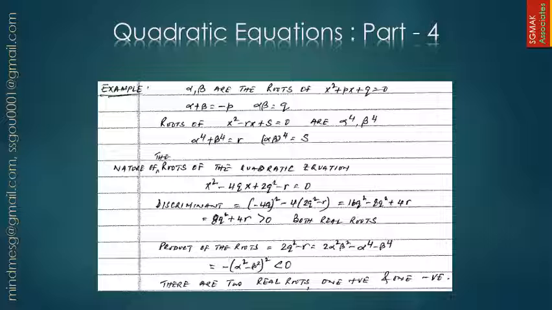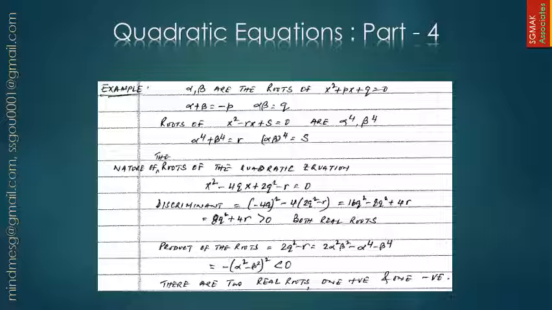So we get 8q squared plus 4r. Based on the information given, it is greater than 0. Okay, so both are real roots.